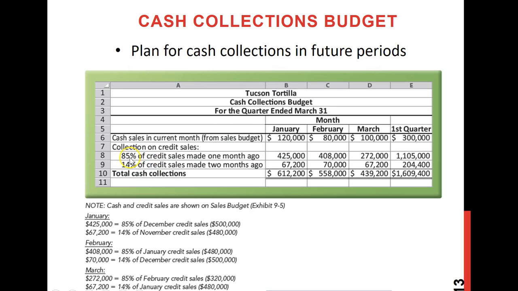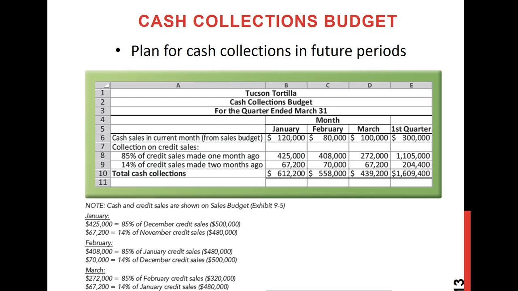Out of all those credit sales, 85% they collect in 1 month, 14% takes 2 months, and 1% they don't collect at all. It can happen, right? Sometimes some of your customers may not pay you. If you remember from your financial accounting, we call it bad debt.